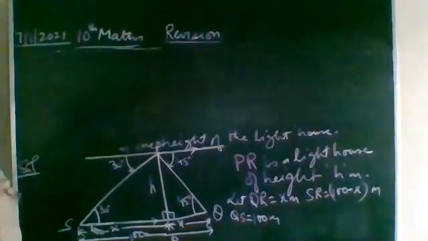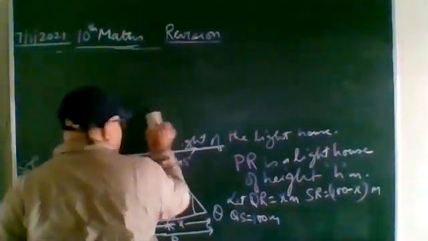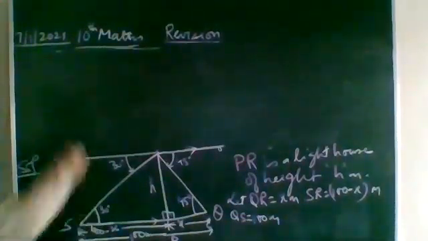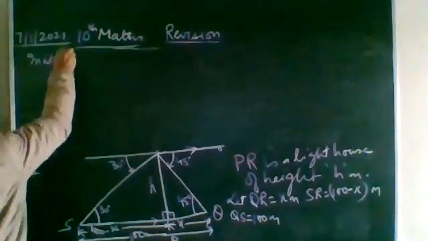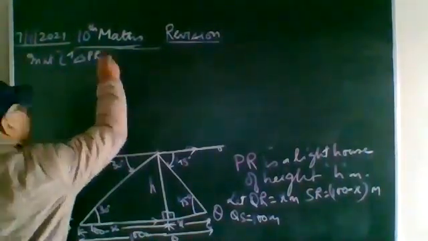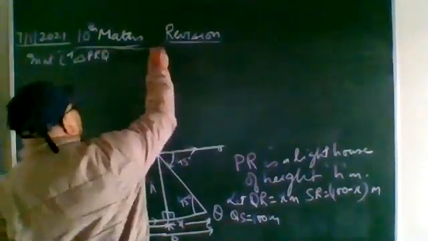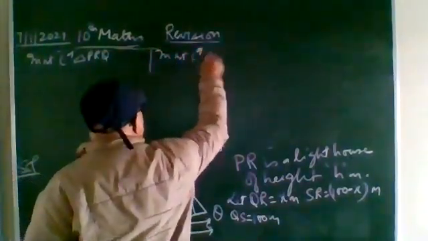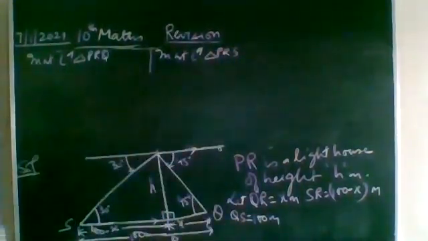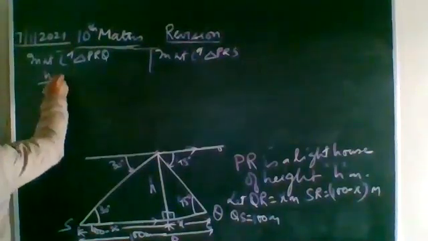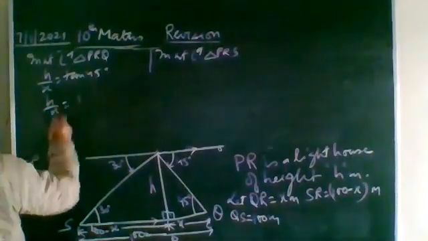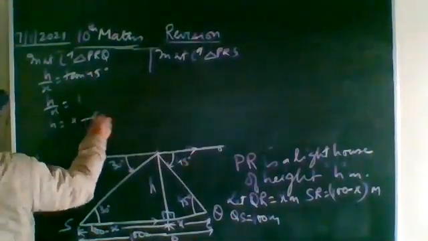First write the right angle triangles: in right angle triangle PRQ, and another in right angle triangle PRS. So in PRQ, H upon X, that is tan 45, H upon X, tan 45 is 1, H equal to X, first equation.